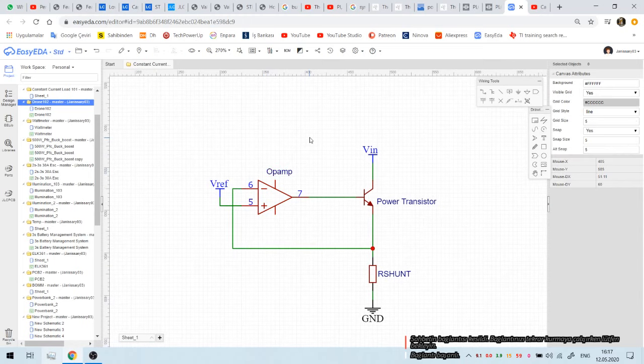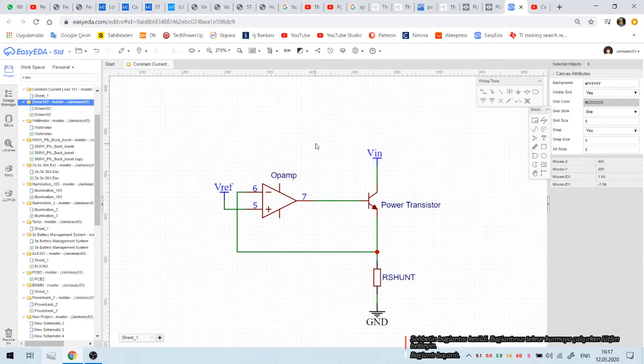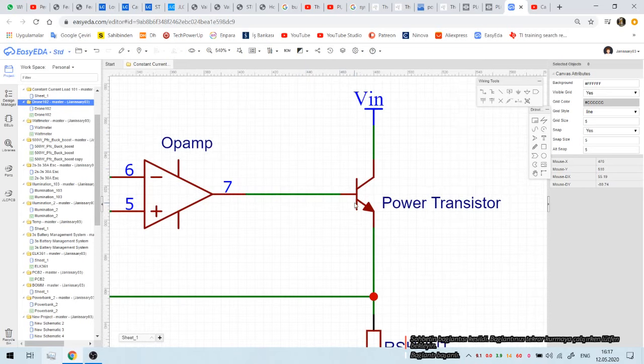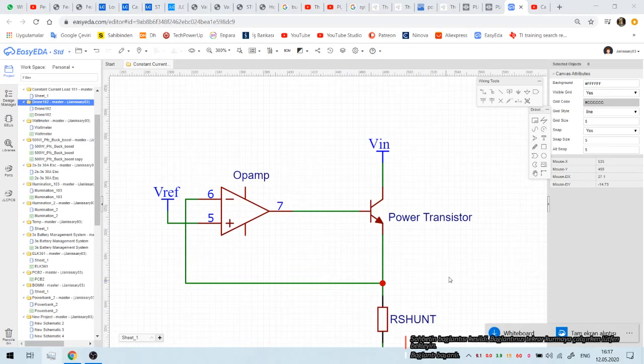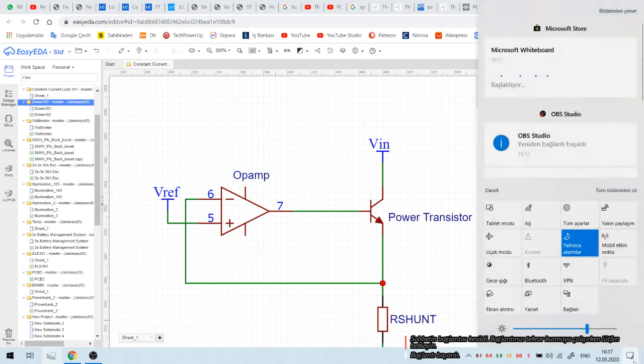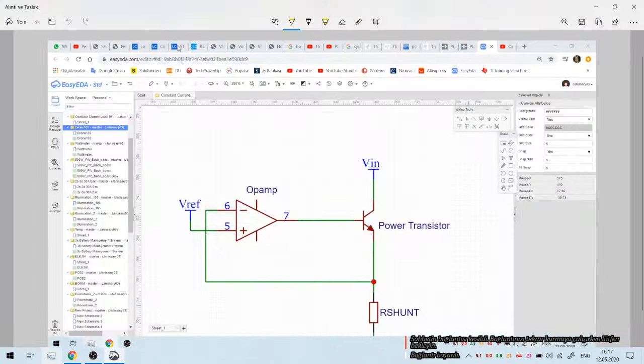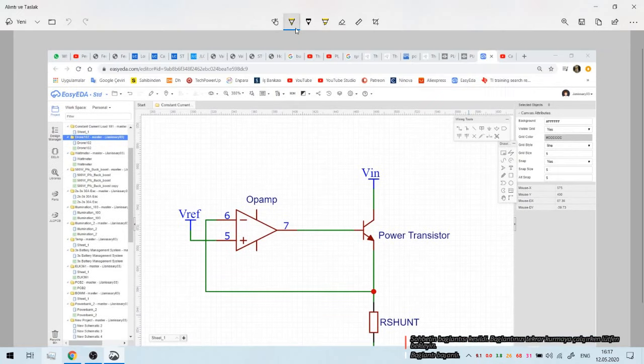Basically I want to explain also NPN BJT quickly. NPN BJT has three connections: base, collector and emitter.